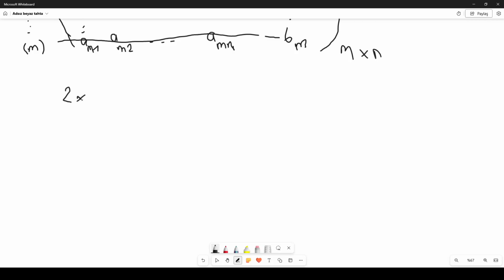For instance, 2x1, we will try to solve this kind of equations. For instance, 3x plus 4x3 is equal to minus 7, right? 3x1 minus 7x2 minus 5x3.